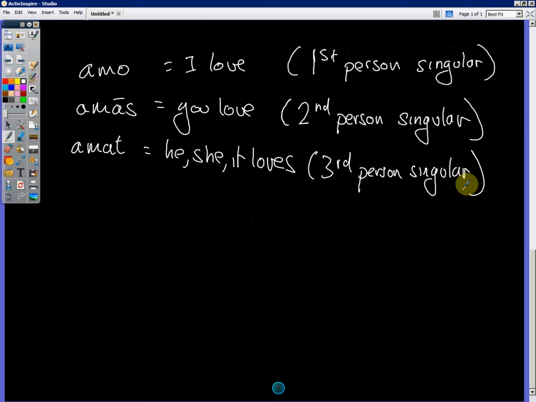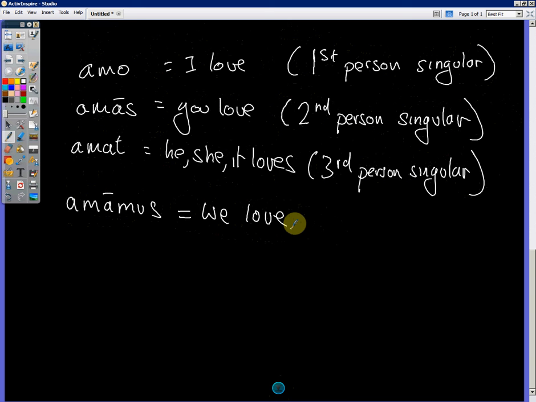Well, let's look at the plural now. Let's look at first person plural. Let me tell you that amamus means we love. Immediately, I don't think I even have to ask the question.